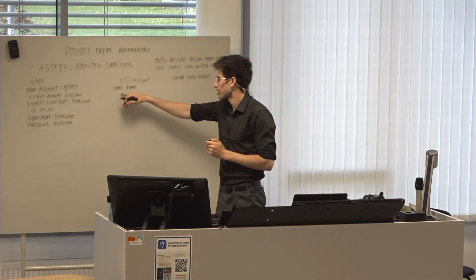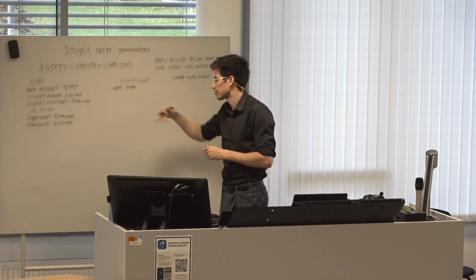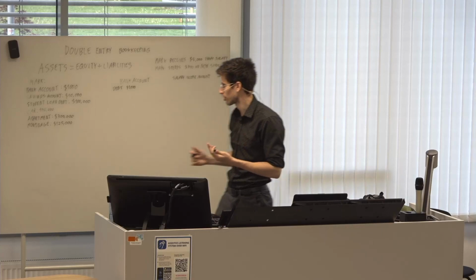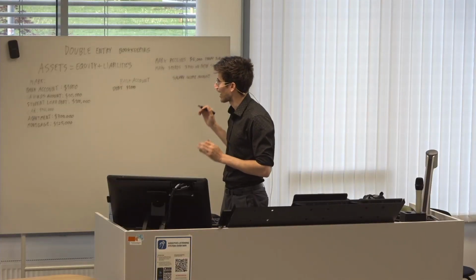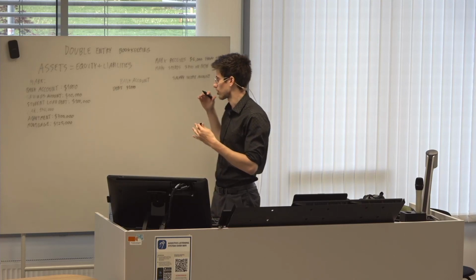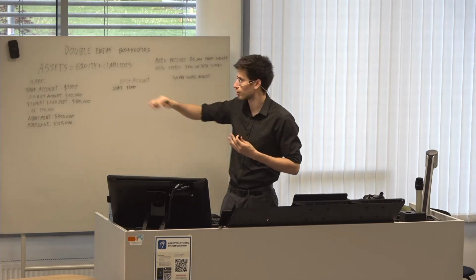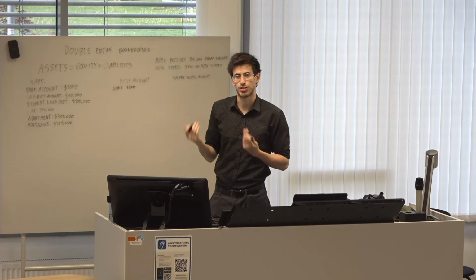So we see that right here we have debit $1,000 in the bank account because it's the initial balance, and when we use debit on assets, it means an increase in assets.